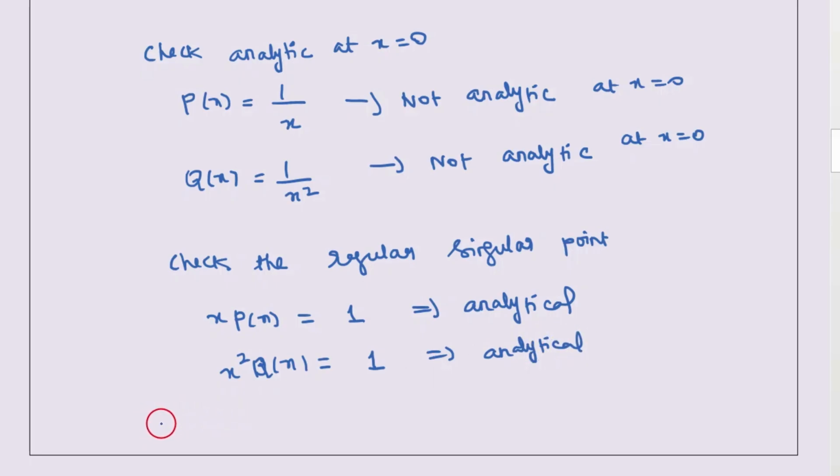So the given equation at x equal to 0 is a regular singular point. I hope you understood this one.